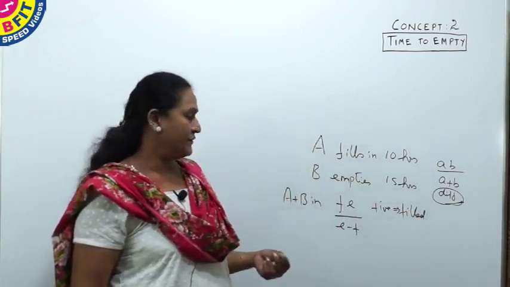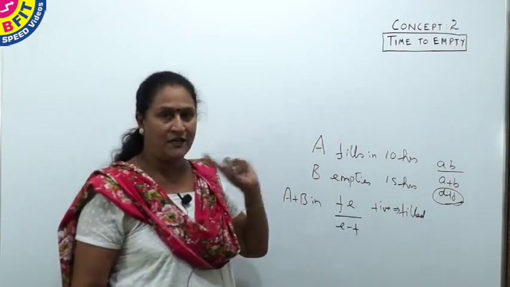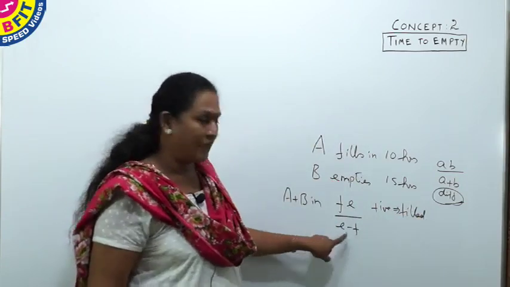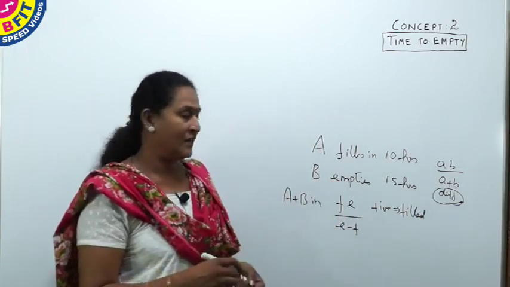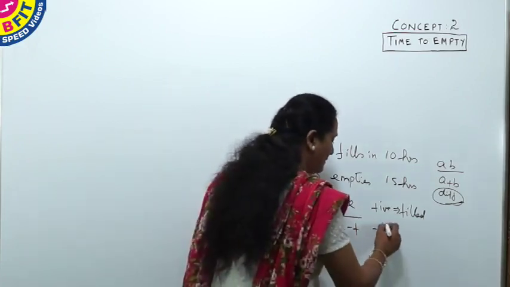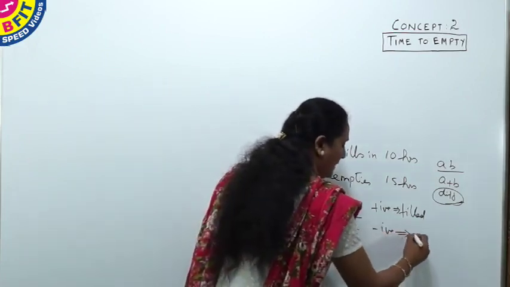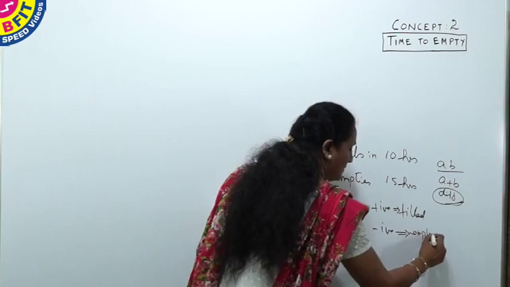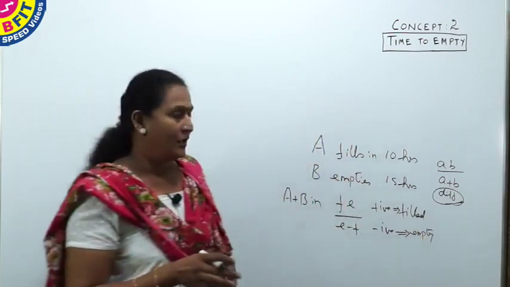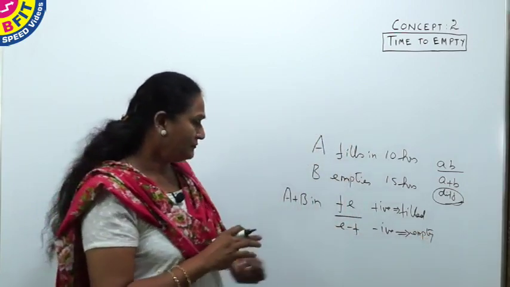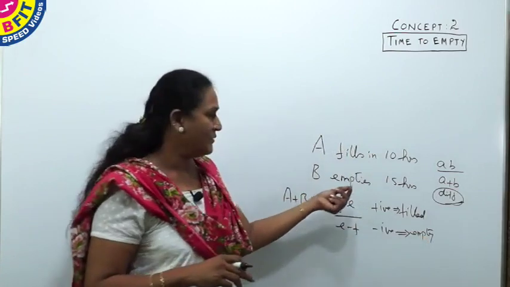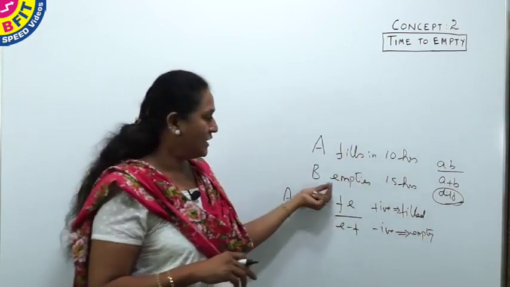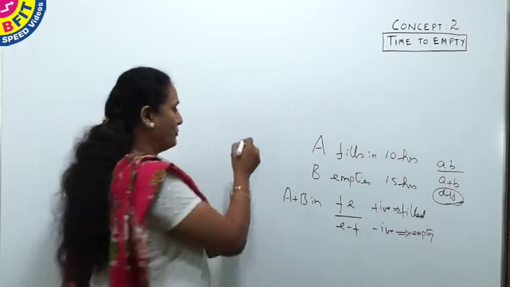Suppose you get a negative sign after taking emptying minus filling. Be sure that you take emptying minus filling, and after that when you get a negative sign, it implies that the tank will not be full, it will be empty. Let's check what will happen for filling in 10 hours and emptying in 15 hours.